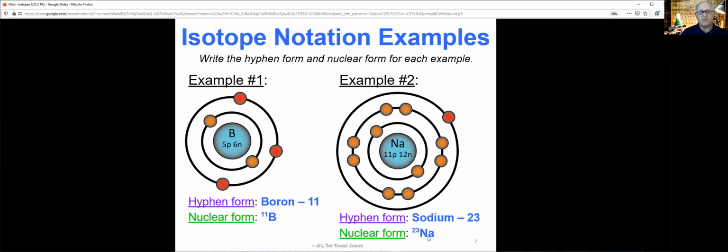So I'd like you to be able to make sure that you can always identify what your element is by first looking at either its elemental symbol or looking at its elemental name and finding the elemental symbol. All right, let's keep moving on.